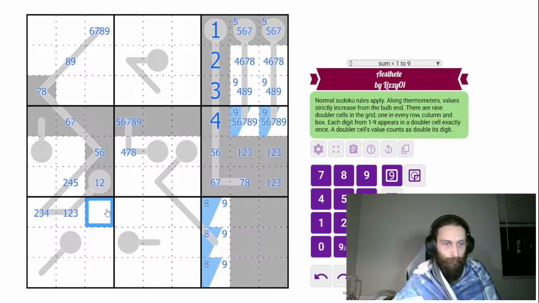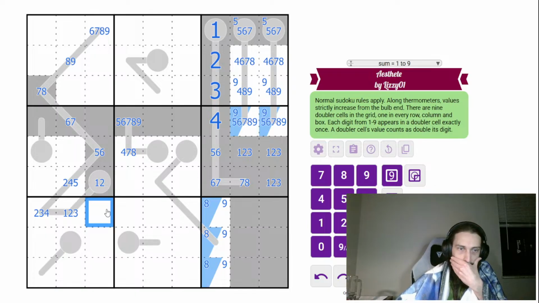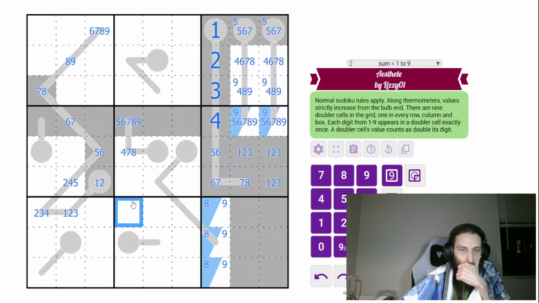Okay. And we still have to have something doubled in rows 5 and 6. But it could be not on a thermo and make absolutely no difference at all.